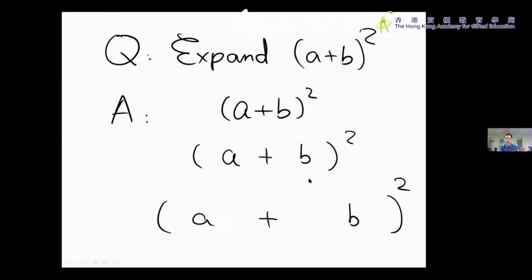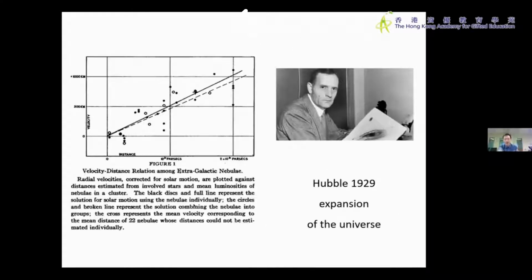They keep their size unchanged. However, the space between the galaxy clusters emerges, and that is known as the expansion of the universe, which we have known for almost 100 years from a few pioneers of cosmology, for example, Hubble.